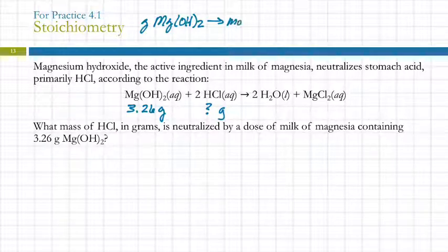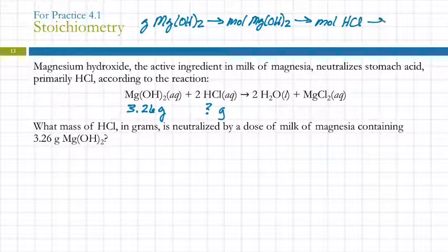Moles of magnesium hydroxide, moles of what? HCl, the thing I'm trying to find. And then grams of HCl. I don't have to do anything with the products, just the two things that I'm interested in: the one I've got information about, the one I'm trying to find.